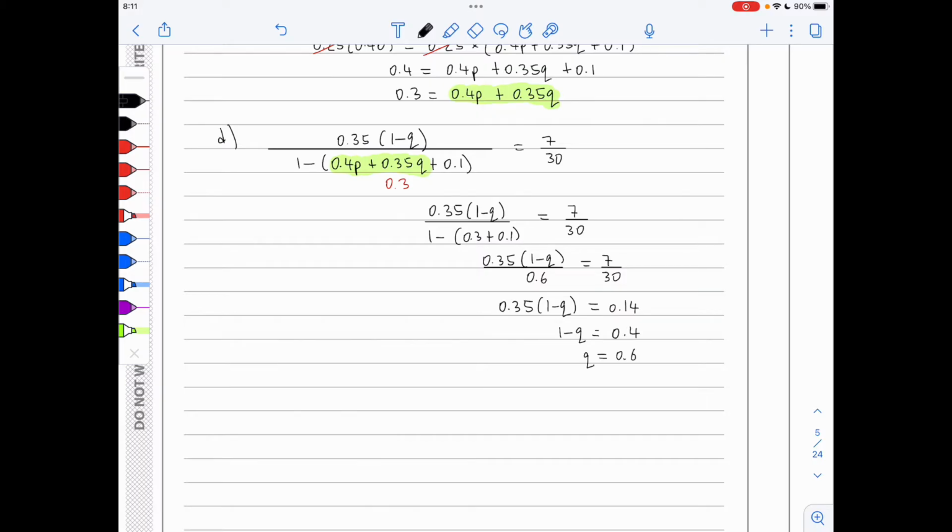Now that we know Q, we can go back to the equation here and say 0.3 is 0.4 P plus 0.35 Q. So 0.3 is 0.4 P plus 0.21. So 0.09 is 0.4 P, which makes P 9/40.